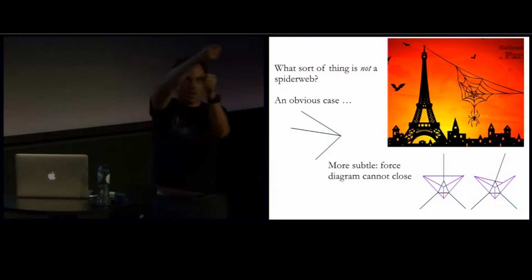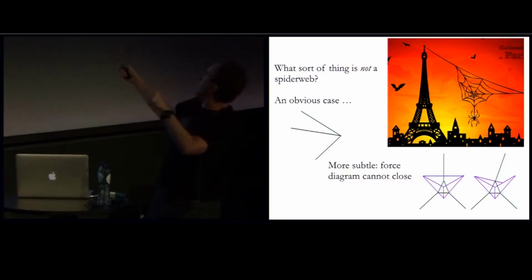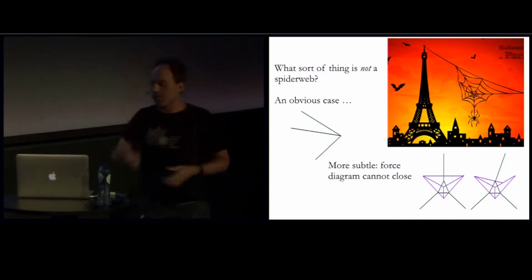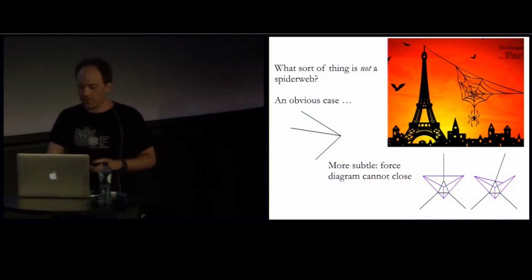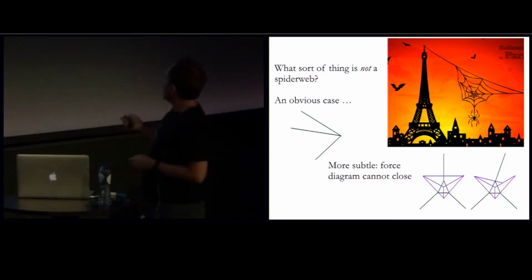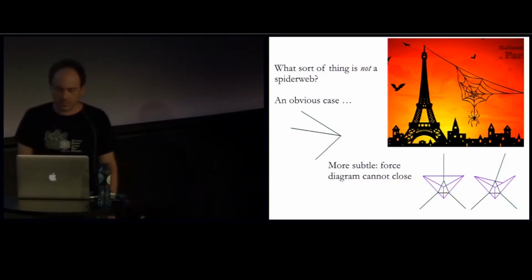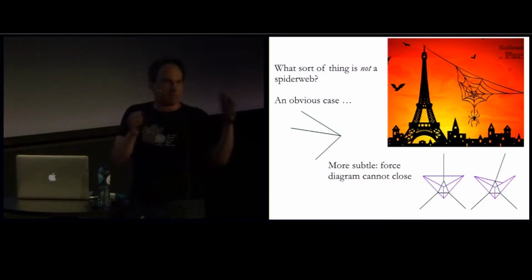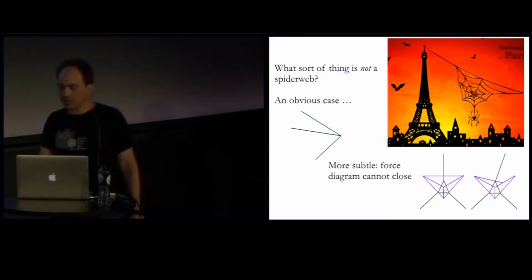If we tilted the top there to make this, then this thing couldn't be in equilibrium. It would move a little bit. We can see that maybe intuitively. And this purple thing, which is the form diagram, we can see that it can't be in equilibrium because all of these polygons don't close.